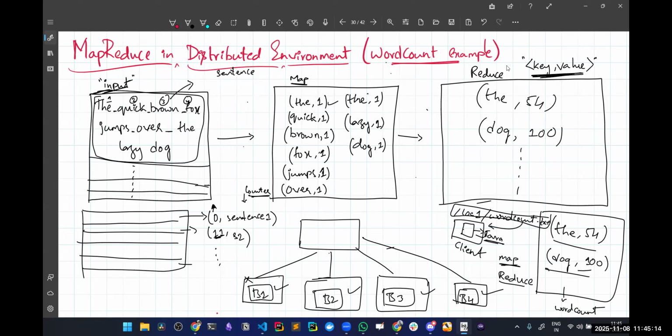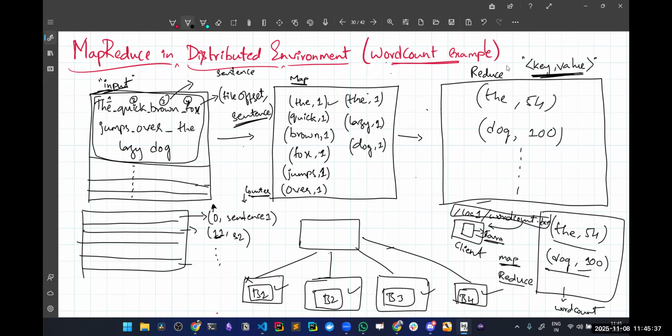The first one is the file offset comma the sentence. This is how it converts into key-value pairs when first reading the text file.